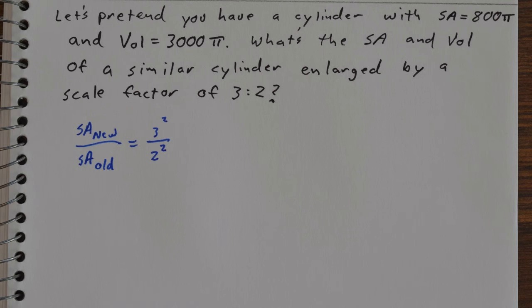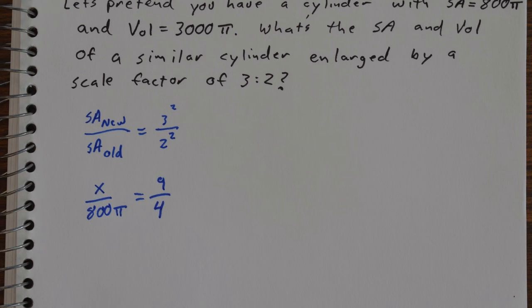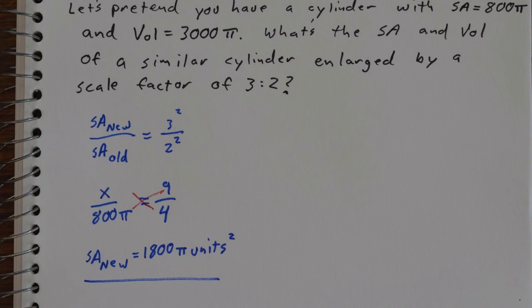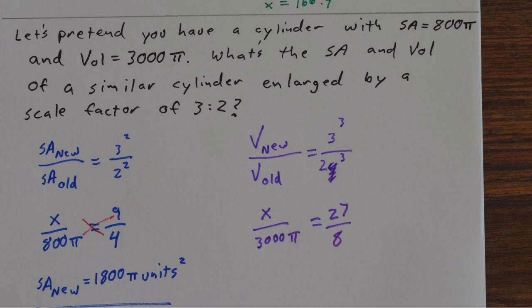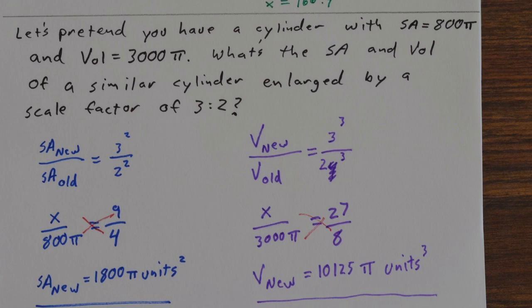And so surface area of new over old will be scale factor squared, so 3 squared over 2 squared. Sub in what you know, solve for the unknown. Likewise with volumes, instead we want 3 cubed over 2 cubed. And so we'll sub in the known value and solve for the unknown. And there we go. Similar and congruent solids. Enjoy!